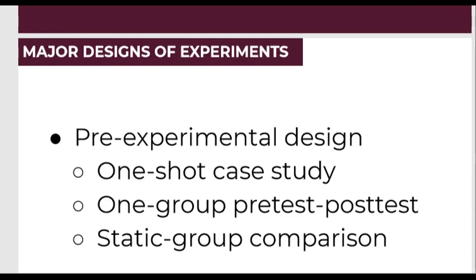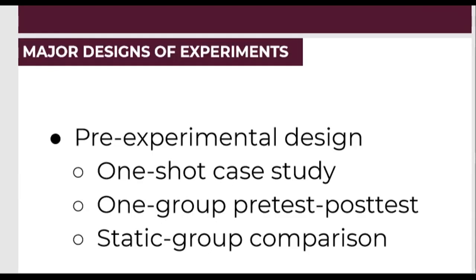Okay, now let's proceed with the static group comparison design. Now, the static group comparison design allows us, the researchers, to compare the experimental and control groups. Okay, so unlike the previous designs, the static group includes a control group, which can be compared to the experimental group.